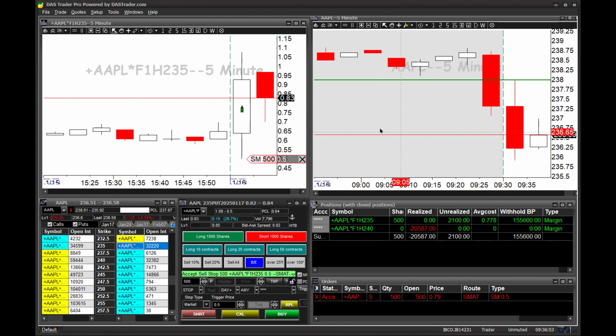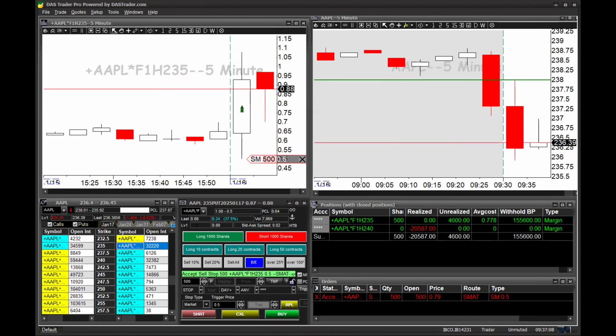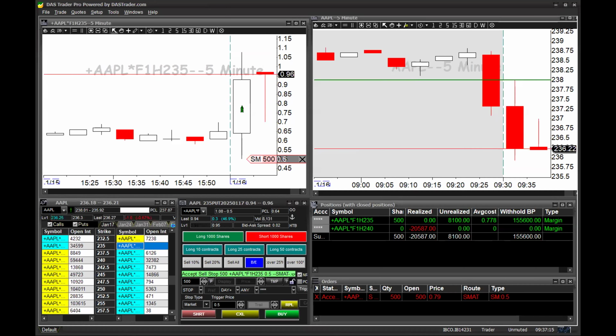It's not really where the stop is, but that's just in case it moves quickly when I'm not watching it. I gotta say, it's a bit of a choppy open, other than maybe Tesla. It's been a tough one for the ORB stuff. Come on, Apple, let's go.